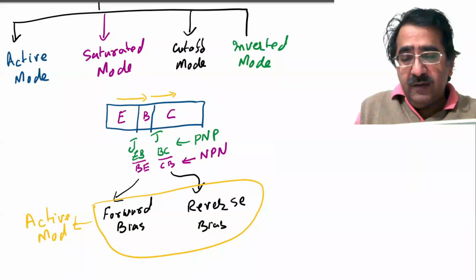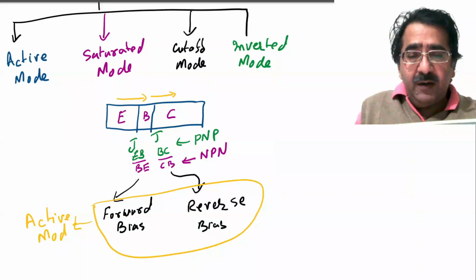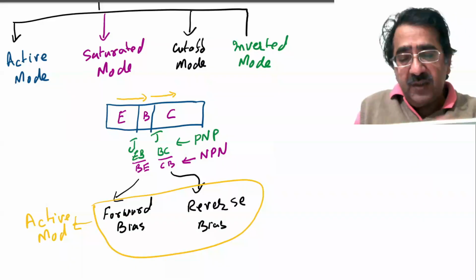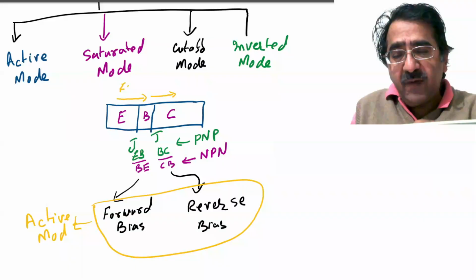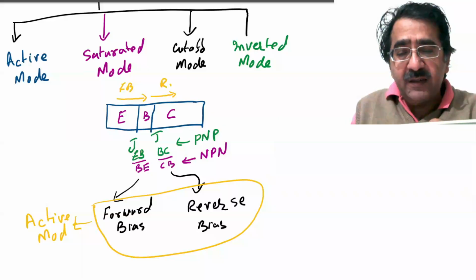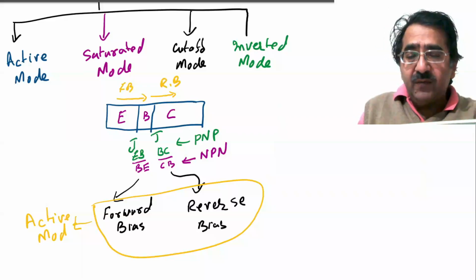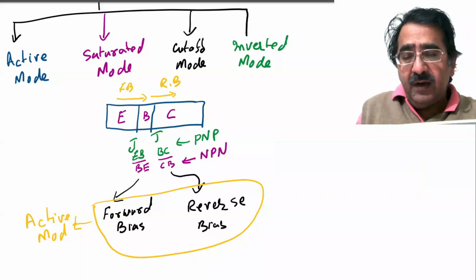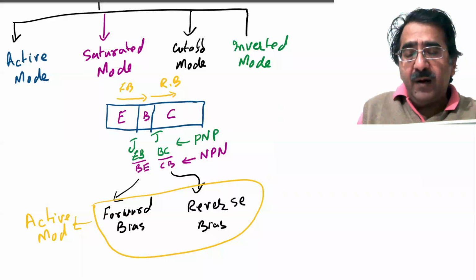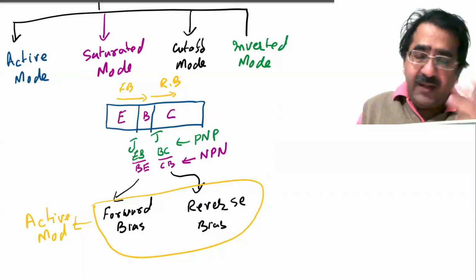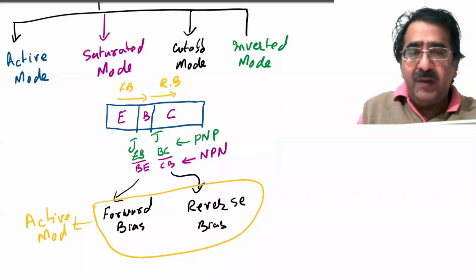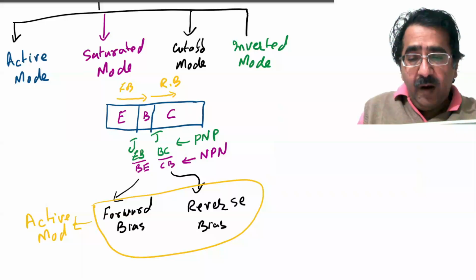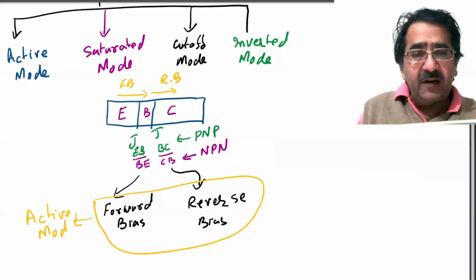This junction is forward biased and this one is reverse biased, so the current moves toward the base, and then from the base to the collector. I have already explained why this happens in my previous lecture. This is defined as active mode.